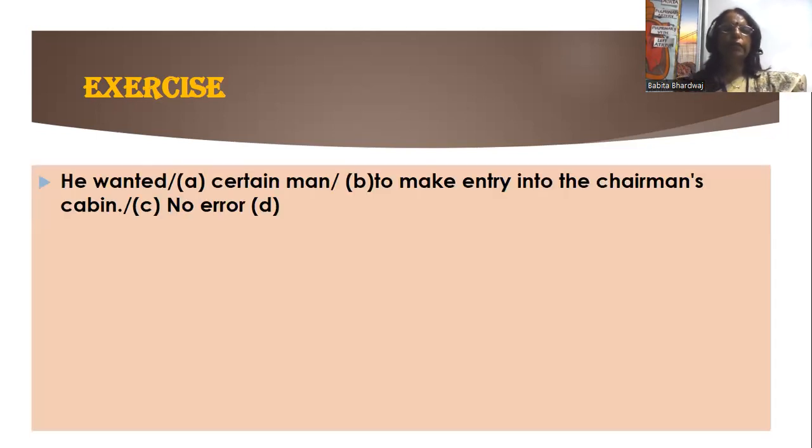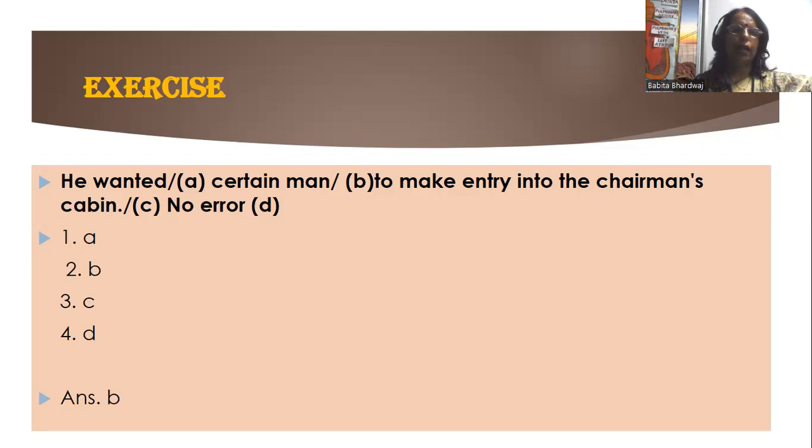Now, he wanted certain man to make entry into the chairman's cabin, and no error. So again, there are 4 options and your answer is B. Reason being, here you can see certain man. If it had been written like a certain man, then that was correct.